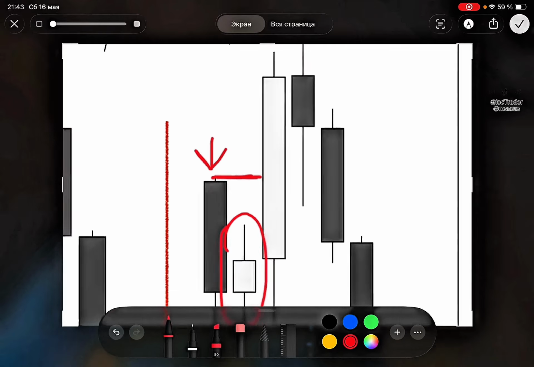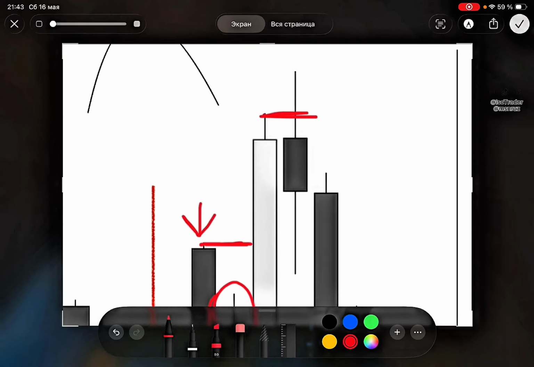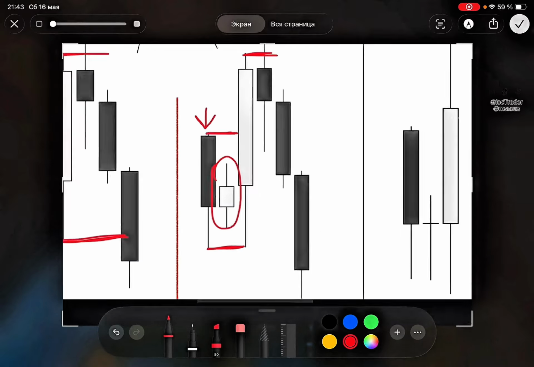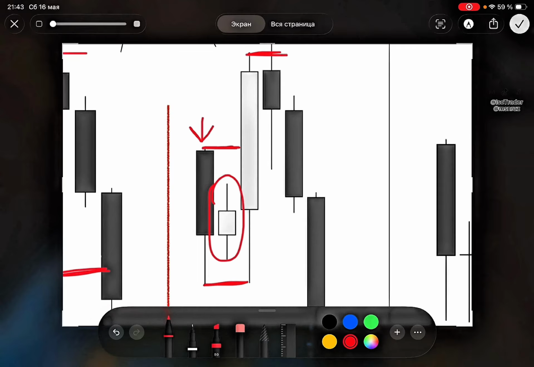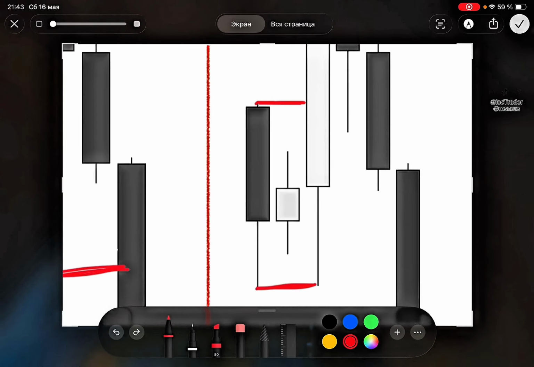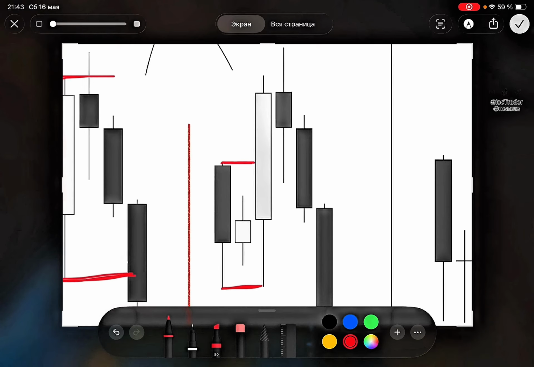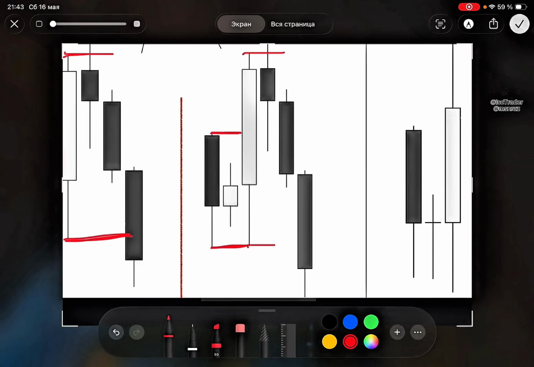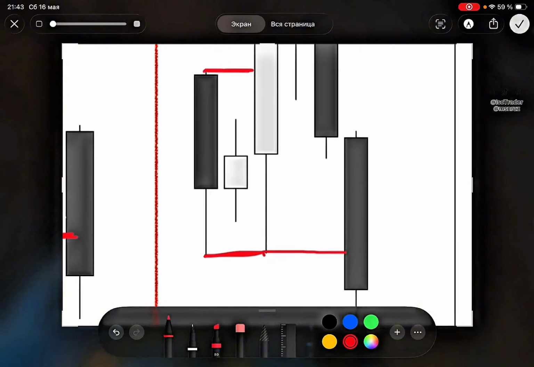It breaks, and that candle acts as a CRT for us. This exact candle is the CRT candle. High sweep, low liquidity. Range.